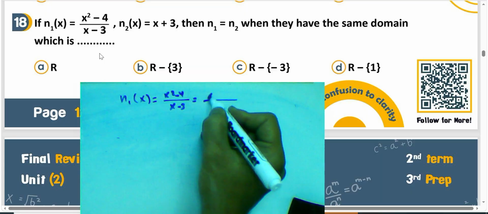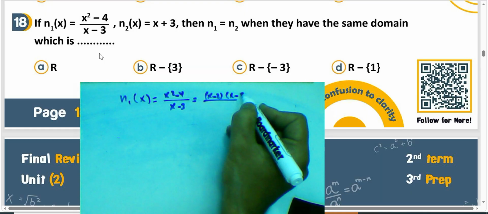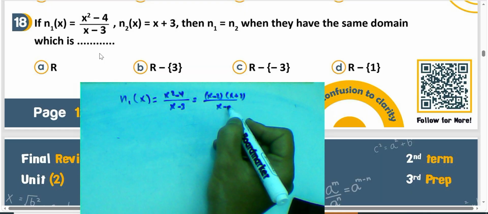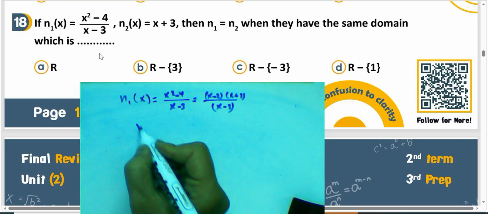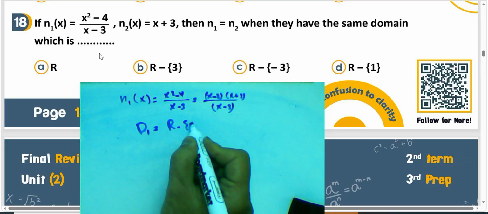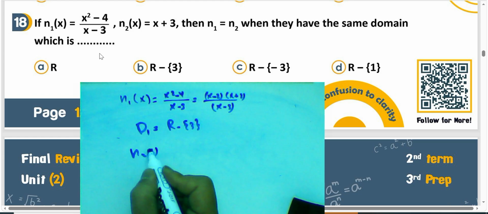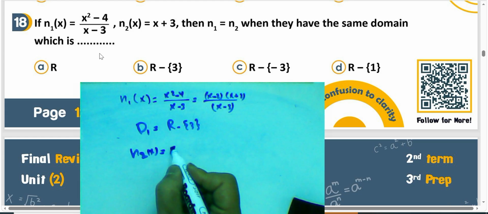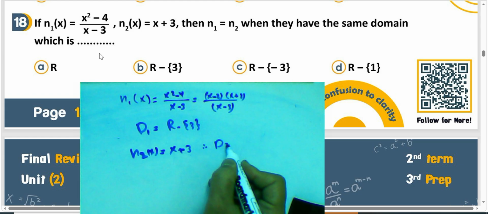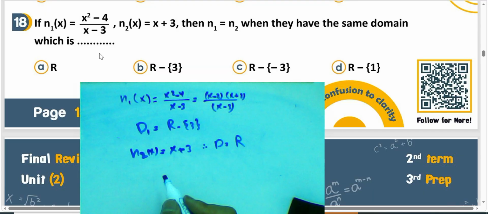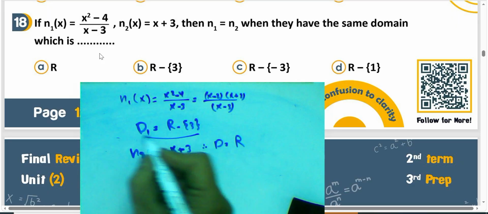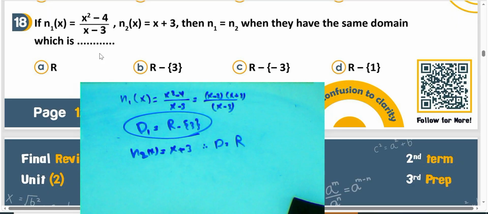You can write x minus 2 times x plus 2 over x minus 3. Then the domain of n1 is R subtract 3. And n2 of x is equivalent to x plus 3, then the domain here equals R. Then n1 equals n2 when they have the same domain, which is R subtract the set of 3. Choose letter B.